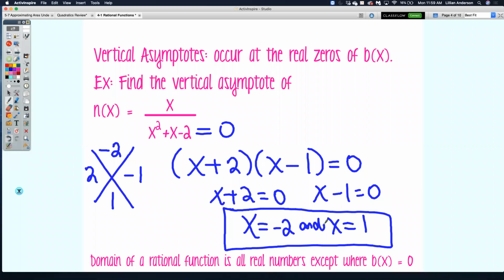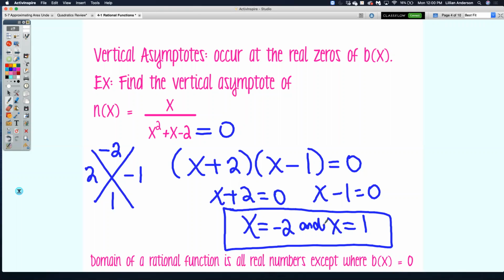One at x equals -2 and the other one at x equals 1. Vertical asymptotes are equations, so you must have x equals if we're talking about vertical asymptotes, okay? There is a difference between vertical and horizontal and slant asymptotes. That's why it's important that you distinguish. X equals are for vertical asymptotes.